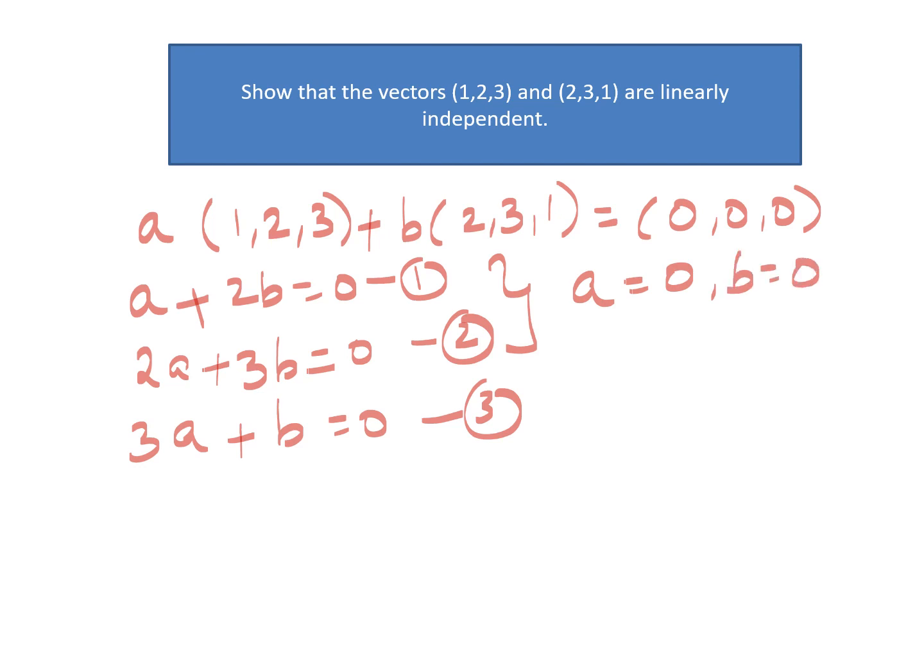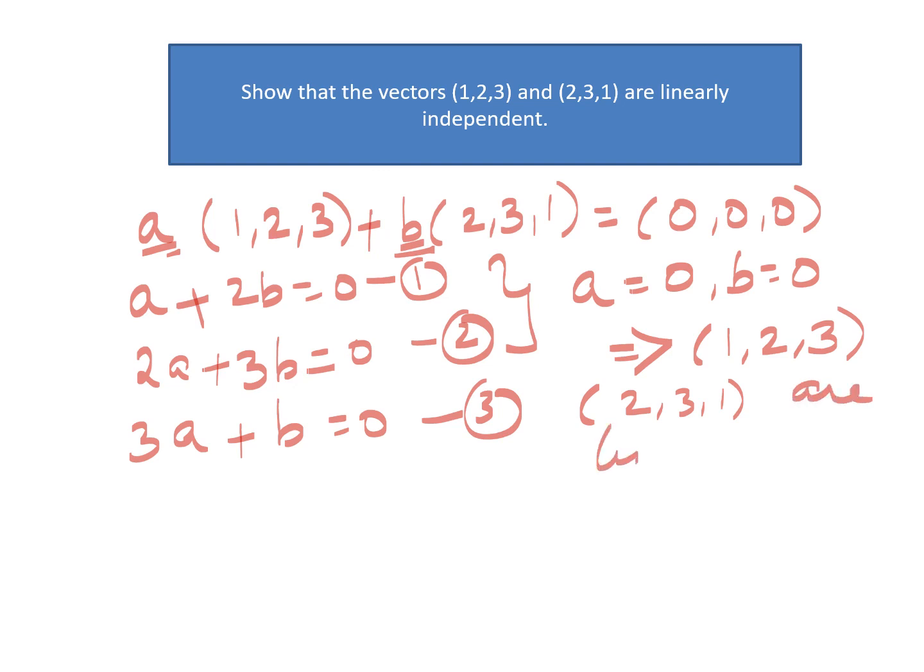So in a linear combination equal to 0, whenever the scalars A and B are 0, that implies the vectors are linearly independent. So the vectors 1, 2, 3 and 2, 3, 1 are linearly independent. So this is how we prove that.